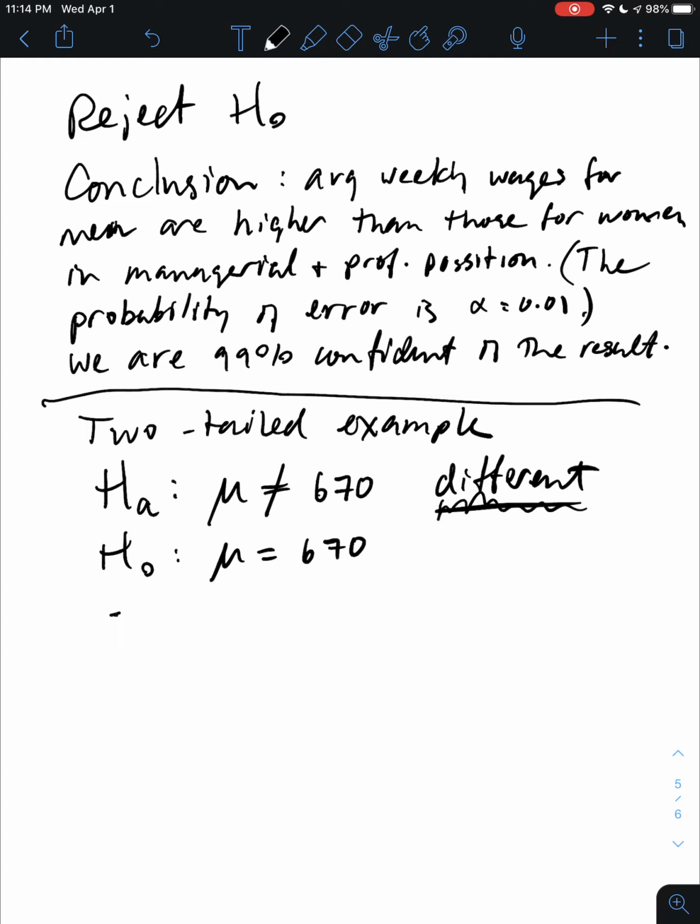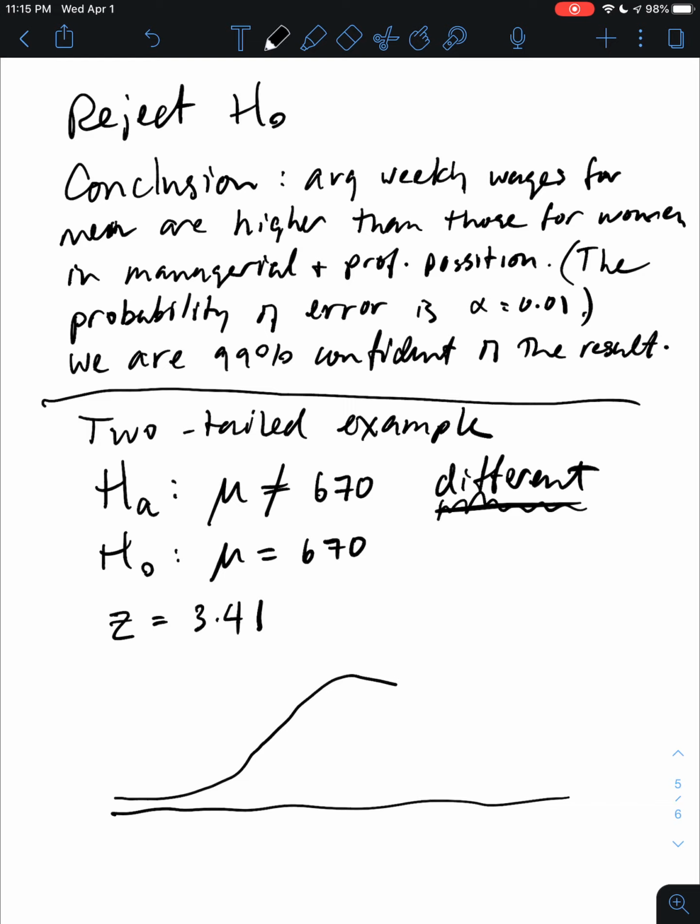So all the calculations are the same. The test statistic will be 3.41. So it'll be exactly the same value, exactly the same formulas. What is different, though, is the critical values in the rejection region. So in the case of the two-tailed test, we have 99% in here.